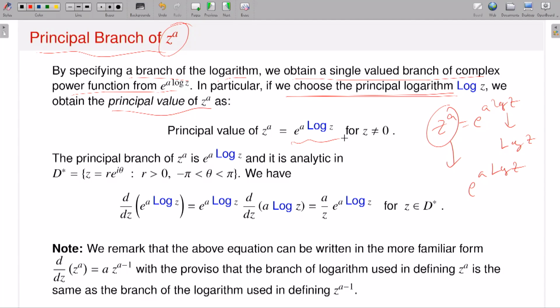So if I replace small log by capital Log, this is the corresponding principal branch of z to the power a.